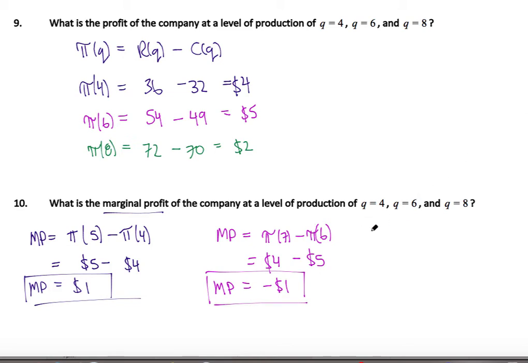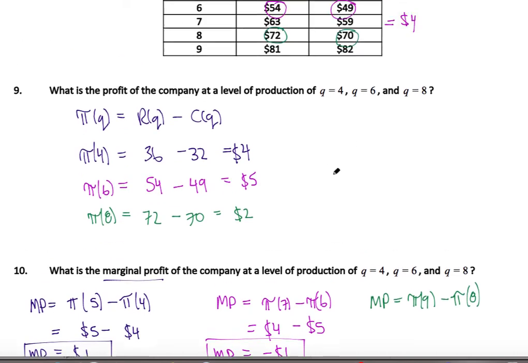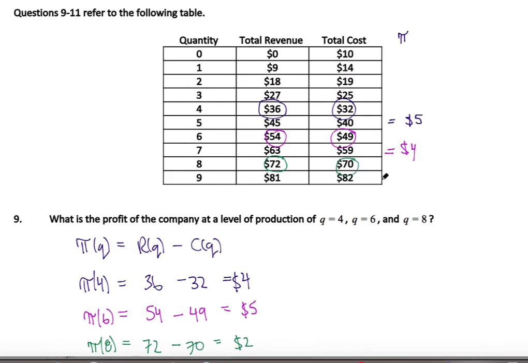Then finally, my marginal profit for Q equals 8 is going to be the profit at 9 minus the profit at 8. So going back to our table, we end up with a profit here of negative $1.